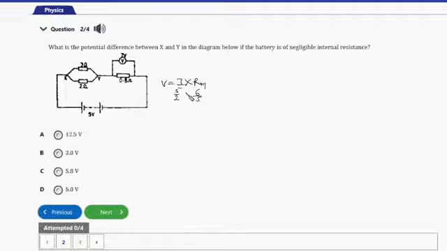So we can multiply 5 over 2 by 6 over 5, and we can cancel out 5, and then we have 6 over 2, which is 3. So the potential difference across X and Y here is 3 volts, and that's option B.